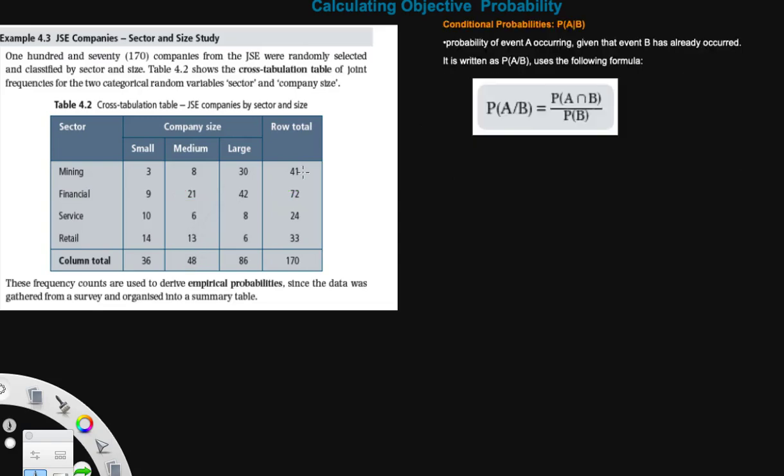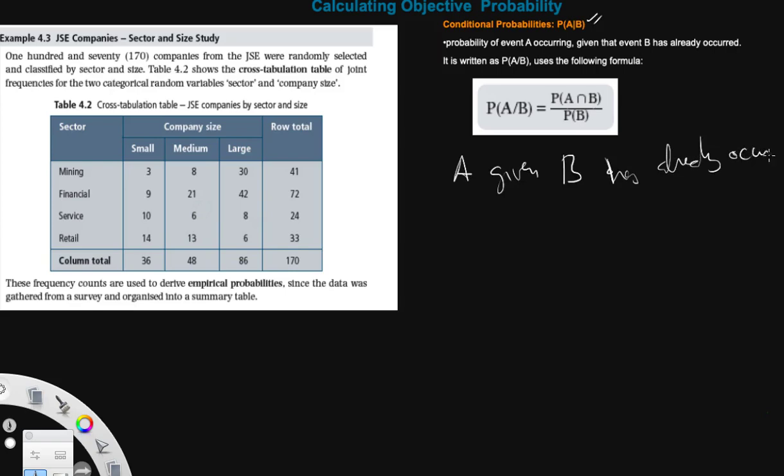Our third scenario here now is what we call conditional probability, meaning that there is a condition to it. So this is the probability of an event A occurring given that B has already occurred.